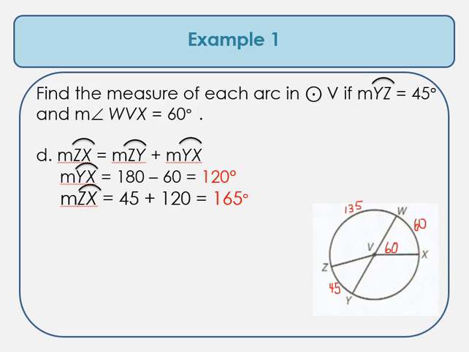So I'll go ahead and write that in right now, which is 120 degrees. And ZX will now be equal to the total of 45 plus 120, which is 165.